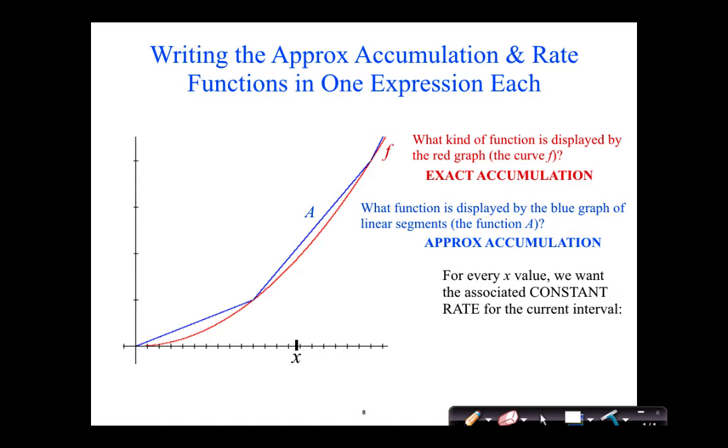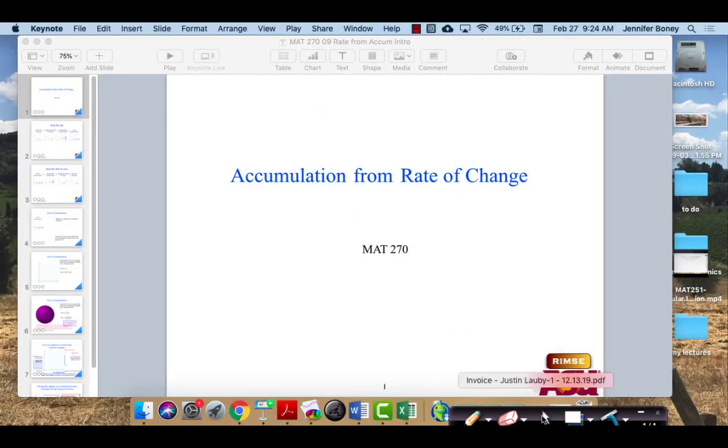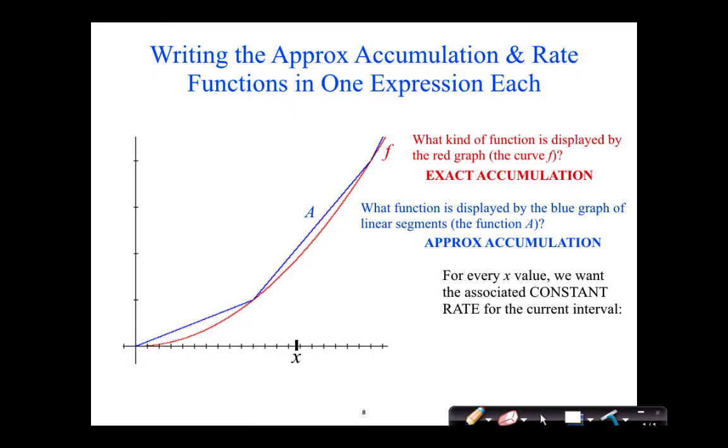Well, if I can see it in there, I can say, oh, well, I'd use this point and that point. But thinking about, sorry, click a couple times, there we go. So if I see, this isn't like necessarily first interval, second interval, whatever. So just think about this as a general interval. X is in the middle of some interval. I want to know the constant rate that would pertain to it.